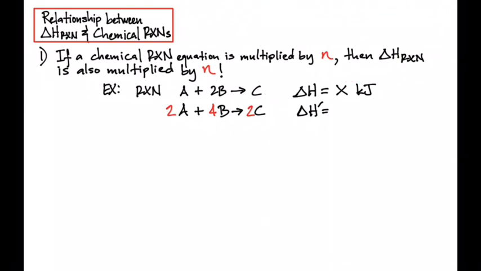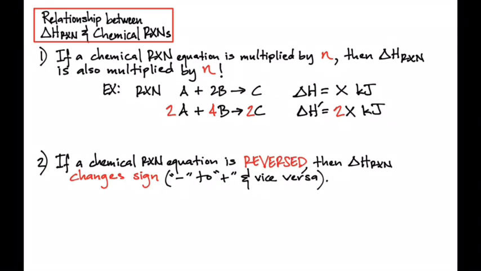Some random number, X kilojoules. Now, if we multiply this chemical reaction by 2 and we get 2A plus 4B equals 2C, then we would multiply the same number to the delta H, right? So now the delta H is equivalent to 2X kilojoules.